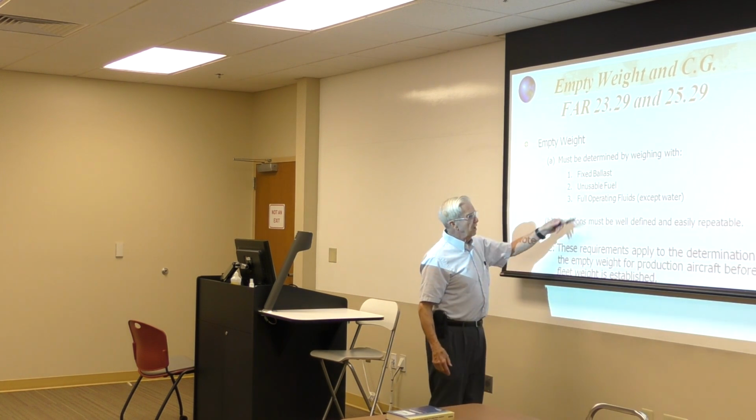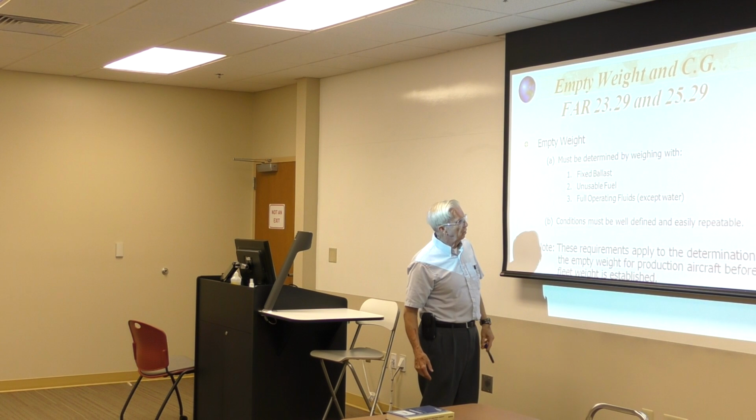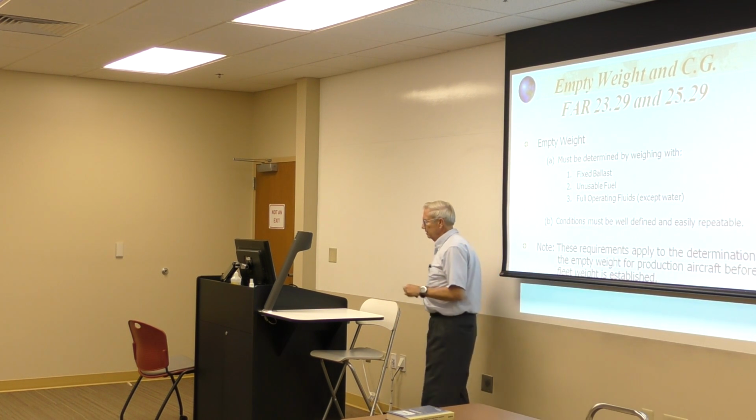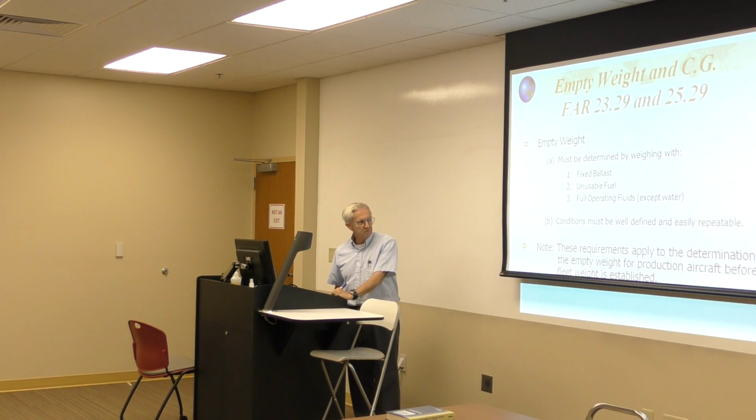Okay. Full operating fluids except water, and that means primarily oil, I guess. I'm not sure why they leave water out. It says the conditions must be well defined and easily repeatable. That's right out of FAR 23.29.